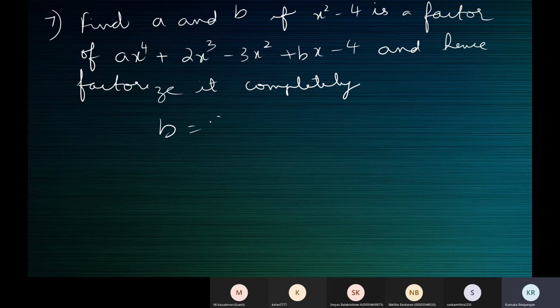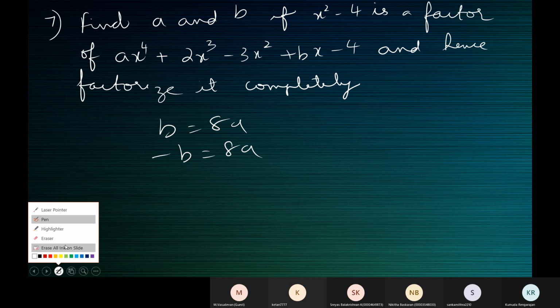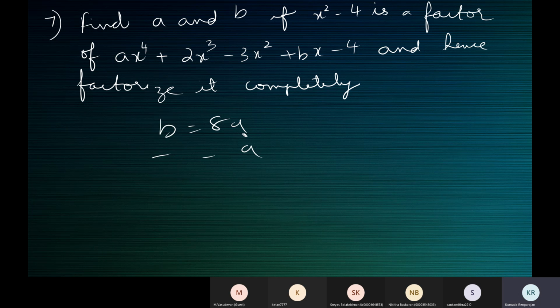Then the second one? Minus b is equal to 8a. Both of them look incorrect. Maybe some calculation error somewhere. Please check.